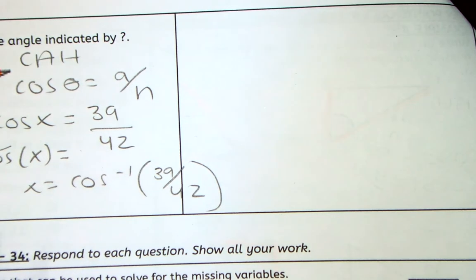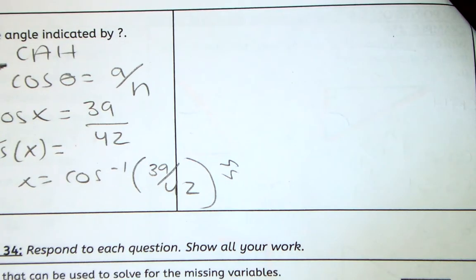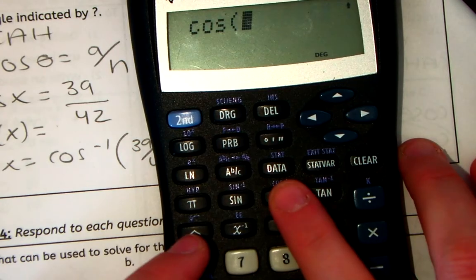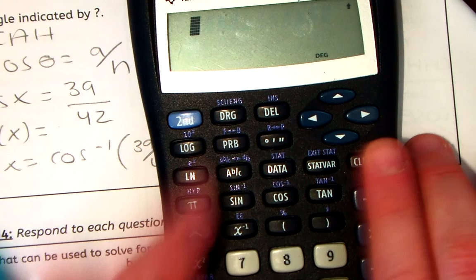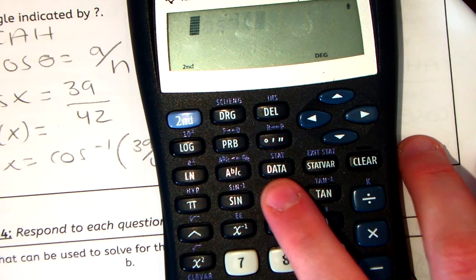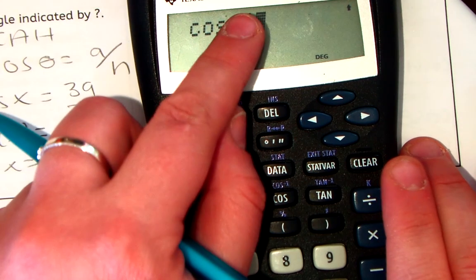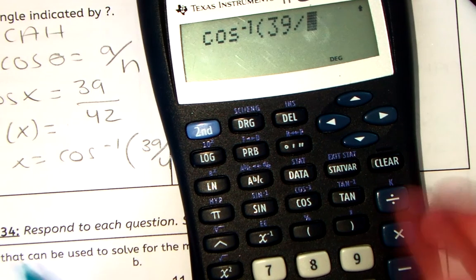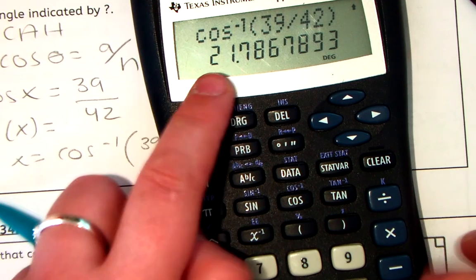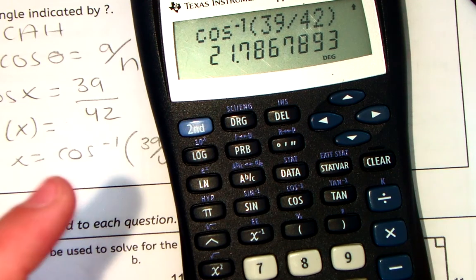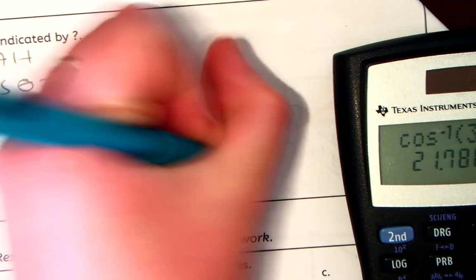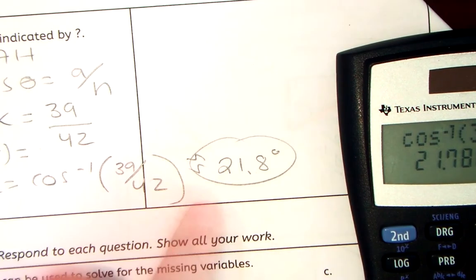Now again, that's the exact answer. We could also throw it in our calculator. I want arc cosine, not cosine. So notice if I hit this button, that's cosine, that's not arc cosine. I have to hit second, then my cosine button, and now the little cosine shows up with a -1. And then just punch in, what was it, 39 over 42? 21.8 degrees is how much x is.